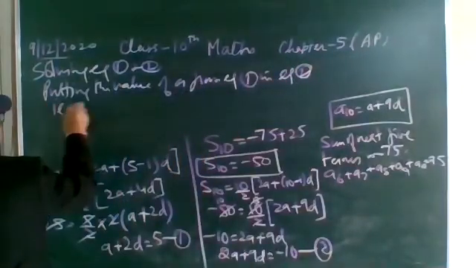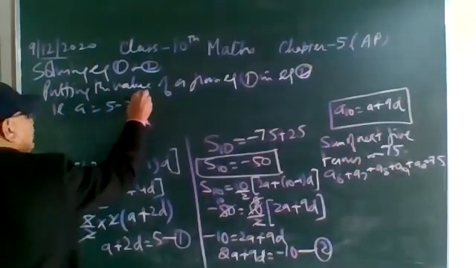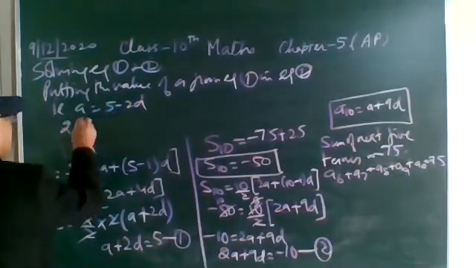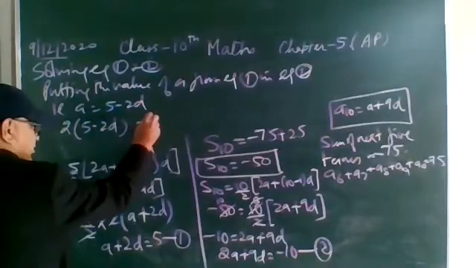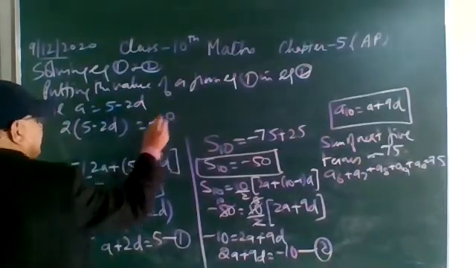That is a = 5 - 2d. So 2(5 - 2d) + 9d = -10.